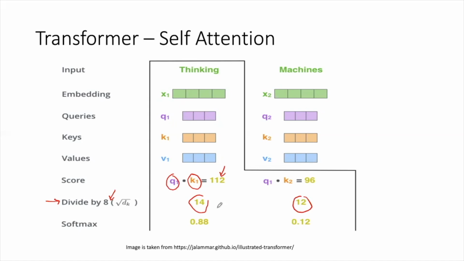Then, since these scores are not on a scale of 0 to 1, and also they don't add up to 1, we use a softmax to get those probability scores. The probability is basically the probability of this key being similar to the query. So that is basically the score, this value that is there.